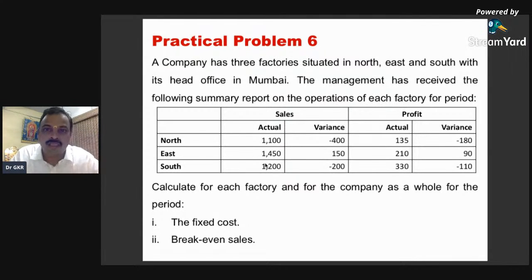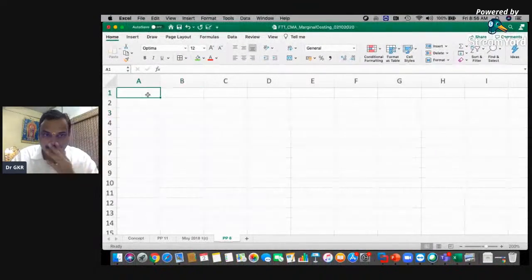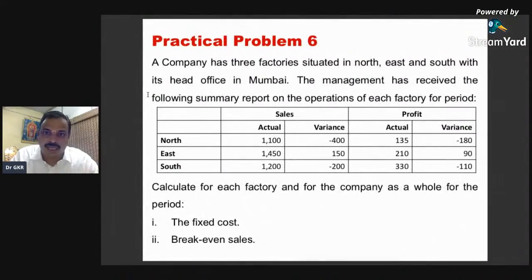Now let us see this. We have the actual sales and profit. For north, east, south, we have the actual sales and variance. Since variance is given, it means with respect to budget. So let's do it very carefully.